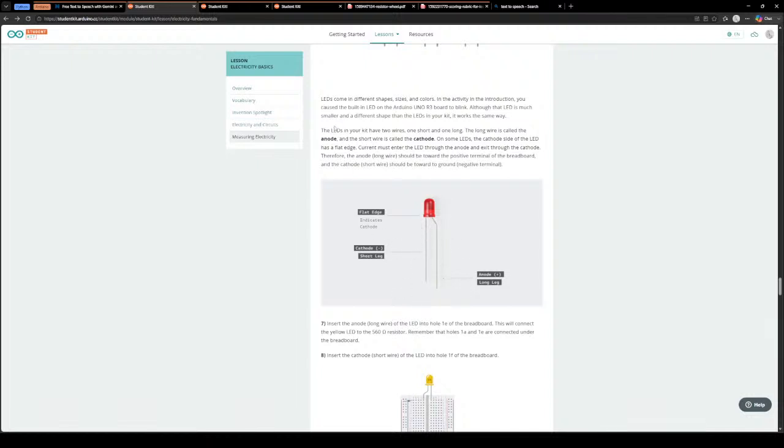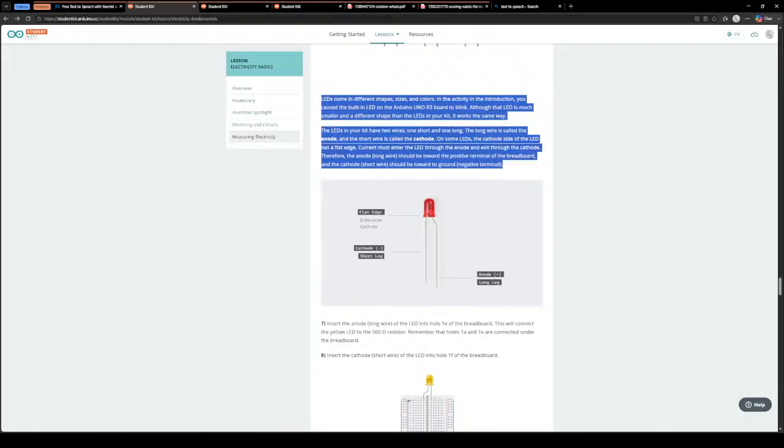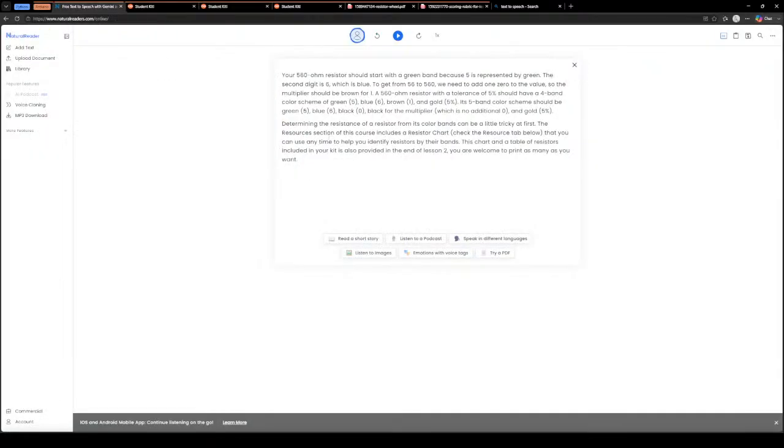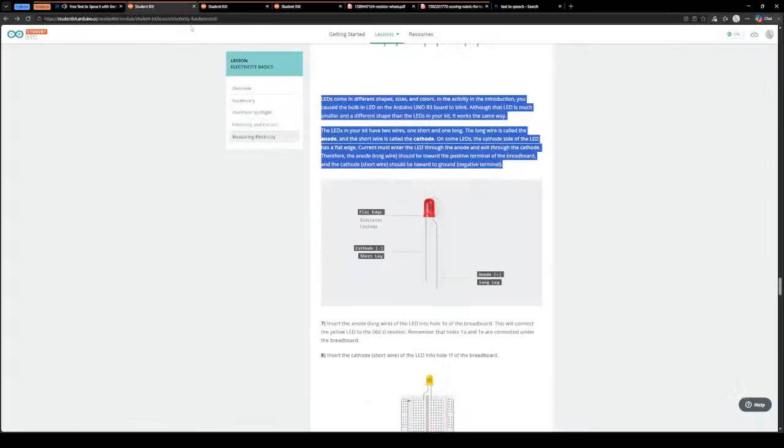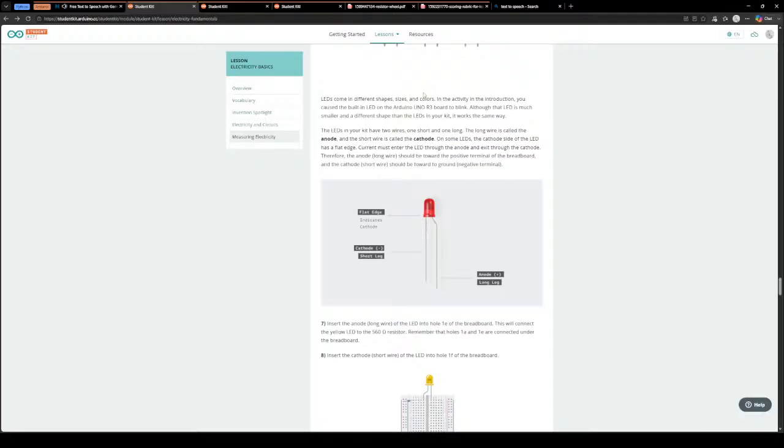Anode and cathode. LEDs come in different shapes, sizes, and colors. In the activity in the introduction, you caused the built-in LED on the Arduino Uno R3 board to blink. Although that LED is much smaller and a different shape than the LEDs in your kit, it works the same way.